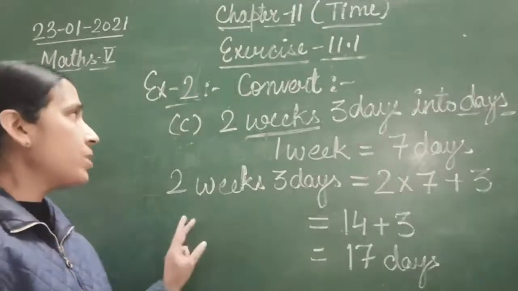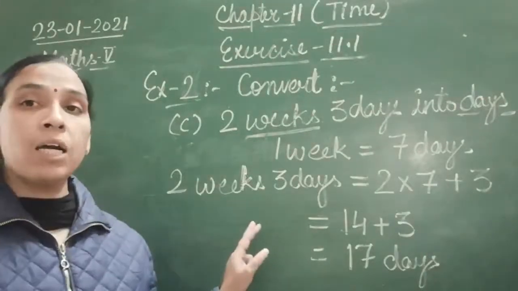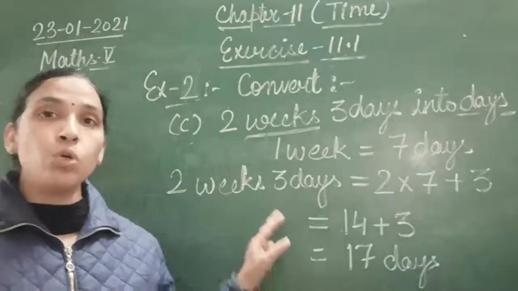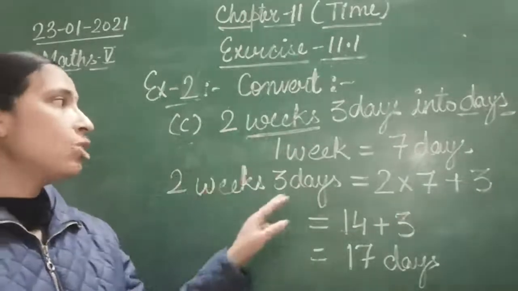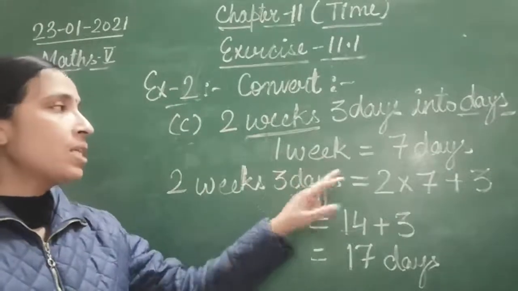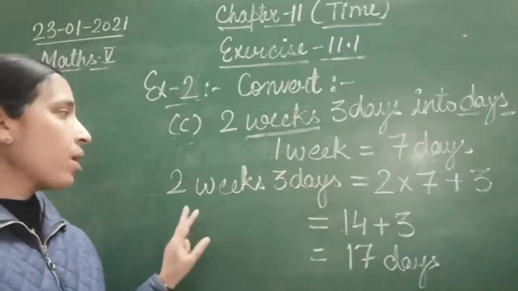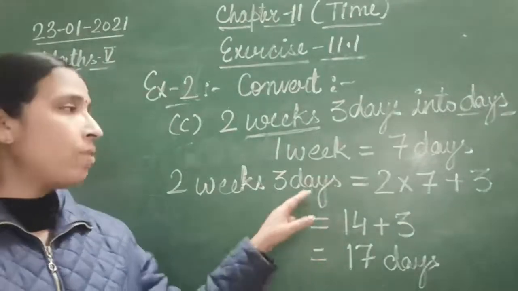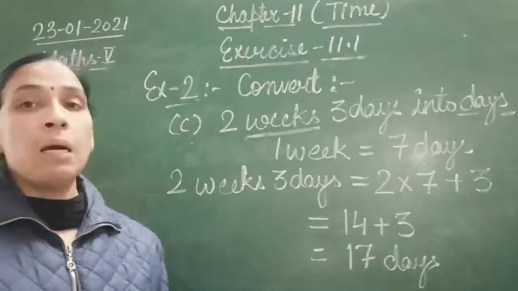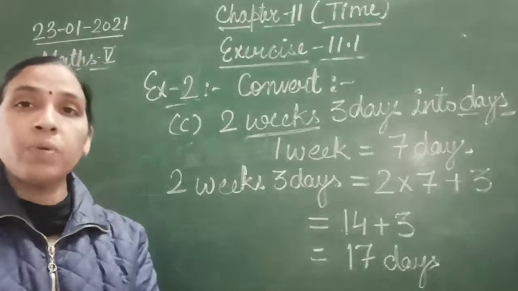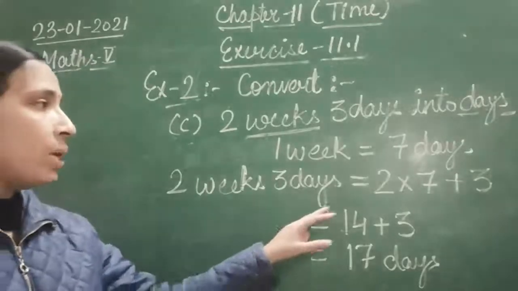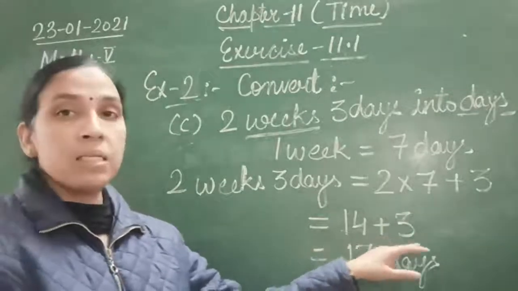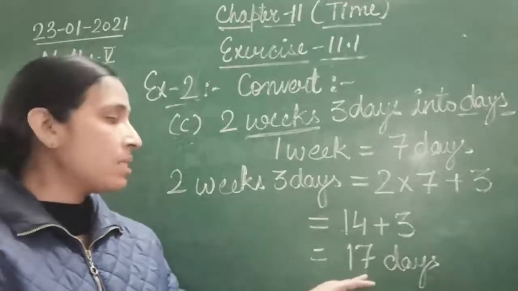That will be the C part of example 2, in which the question gives 2 weeks 3 days into days. Now 1 week is equal to 7 days. 2 weeks 3 days is equal to 2 multiplied by 7 plus 3. 2 sevens are 14 plus 3.